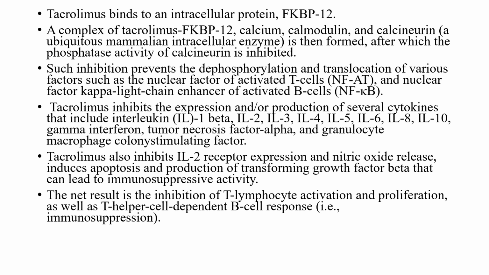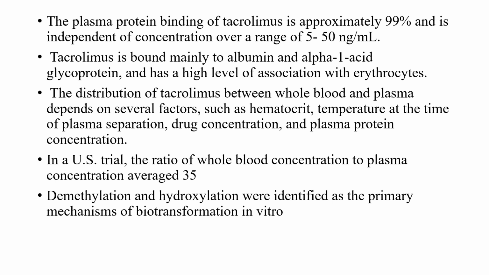It induces apoptosis and production of transforming growth factor beta, which all leads to the immunosuppressive activity. So basically, the net result is that T cell activation and proliferation is inhibited, as well as the T helper cell dependent B cell response, which results in immunosuppression.